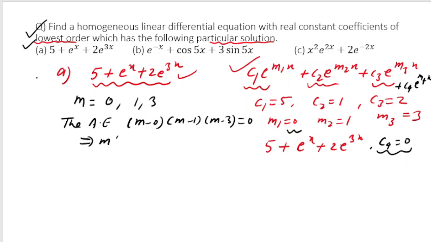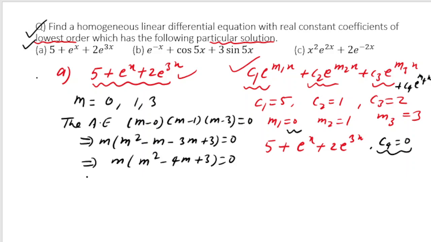So this will give me m into m square minus m minus 3m plus 3 is equal to 0. So this will give me m into m square minus 4m plus 3 is equal to 0. And finally it will give me m cube minus 4m square plus 3m is equal to 0.